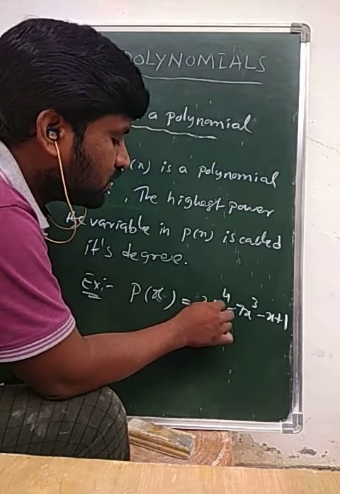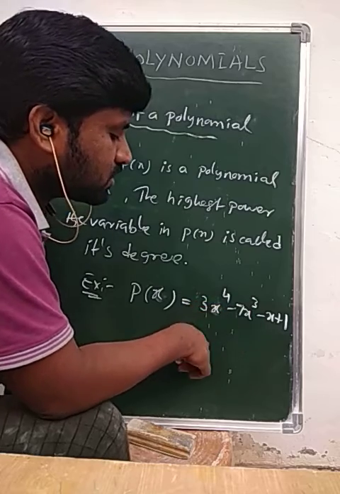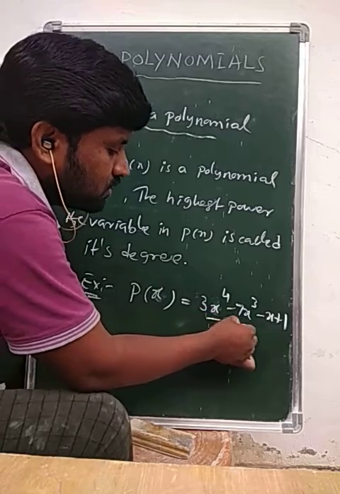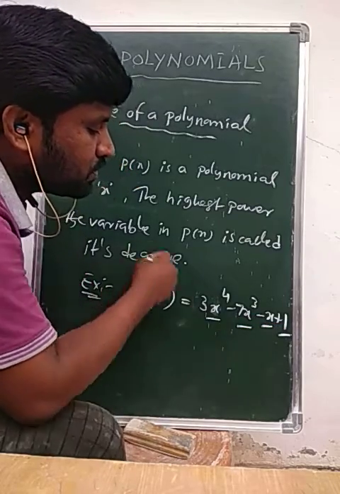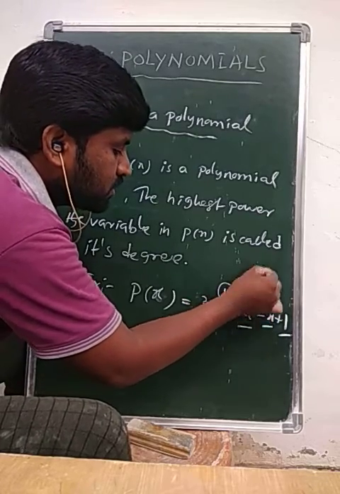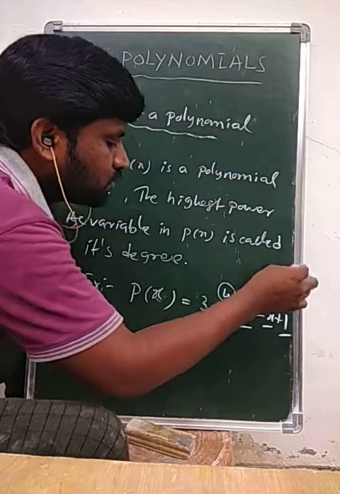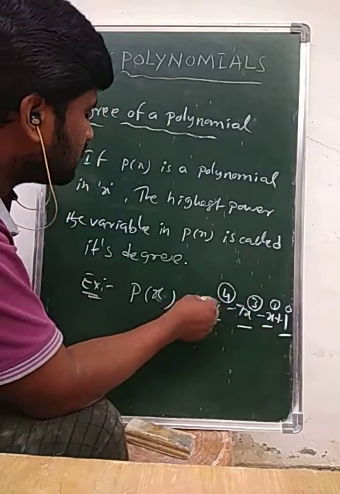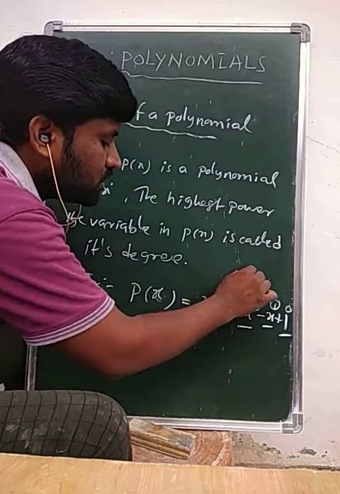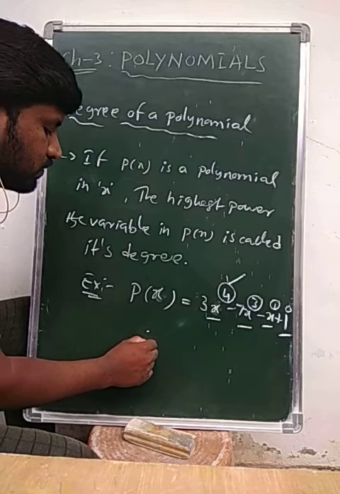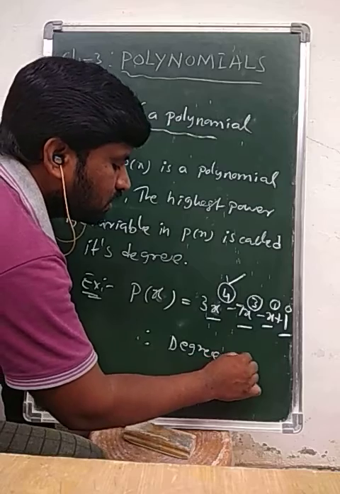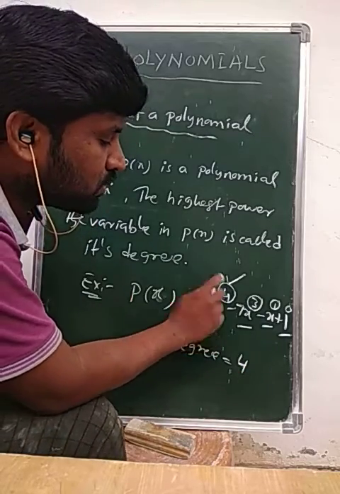You just observe each term of this polynomial. Here the power is 3, here the power is 1, here the power is 0. The highest power in the polynomial is 4. Therefore the degree of the polynomial is 4.